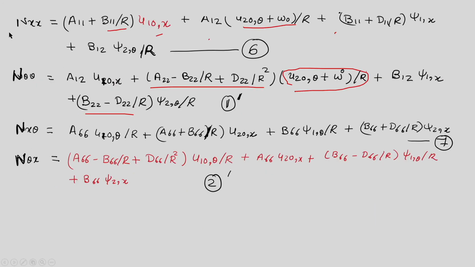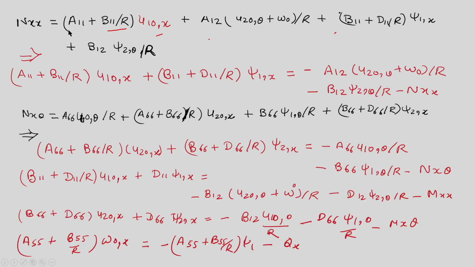Similarly, from the n xx, that first equation, we can find these things: n theta theta, n x theta and n theta x. So from here we can say that u1 0 comma x and psi 1 comma x we will keep on the left hand side and the rest of the variables on the right hand side.